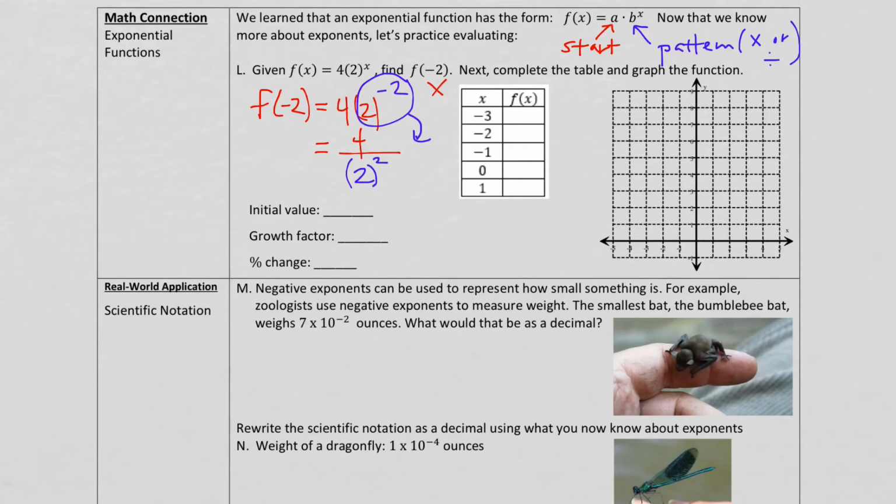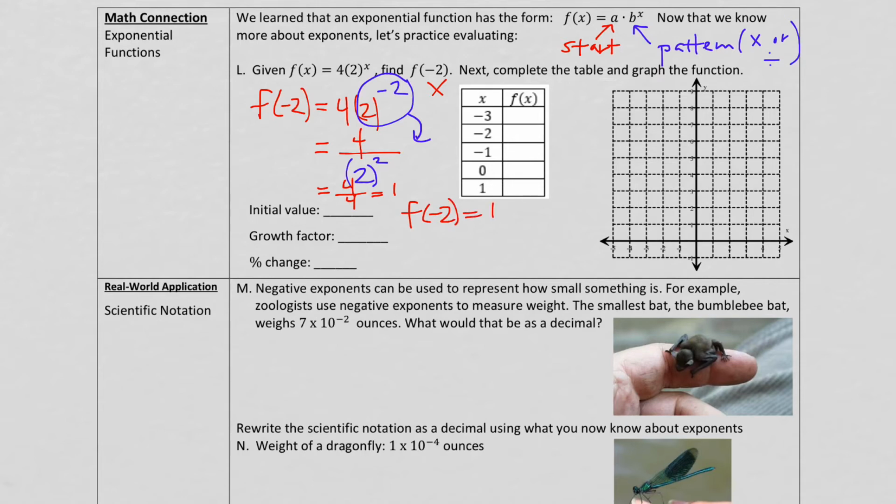So now what I get is 4 divided by 2 squared, and 2 squared is going to be 4 also. So 4 divided by 4 equals 1. So what I find is that f of negative 2 equals 1.